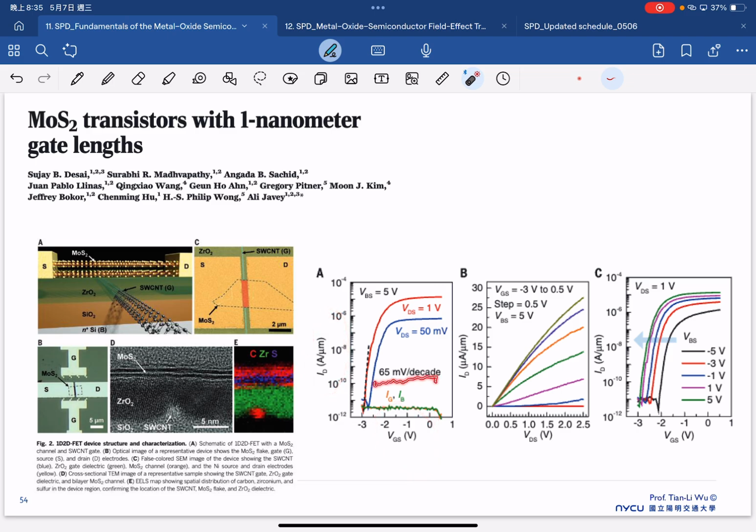And this is with different VD. One thing in particular, it's not the critical concern, but as device engineers, we always pay a lot of attention to the threshold voltage, which is this one.